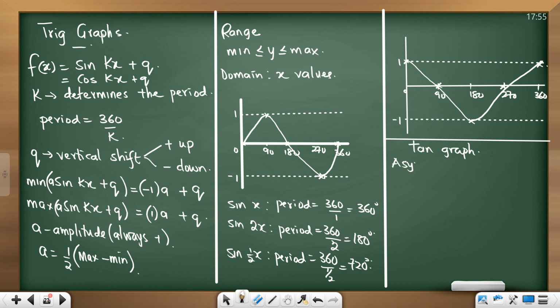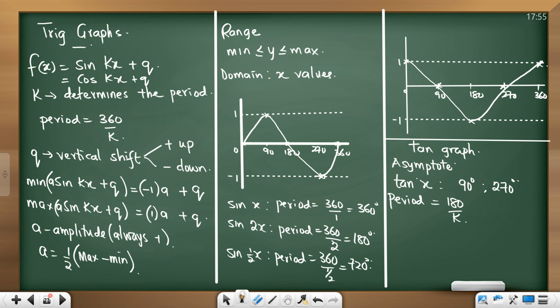This is the only trig graph that has asymptotes. For tan kx or tan x, what are your asymptotes? The period is 180 over k.